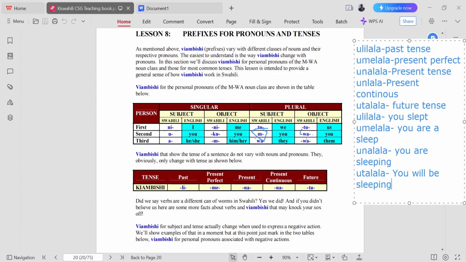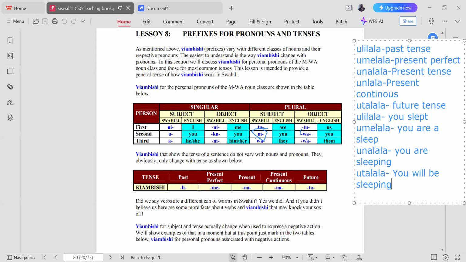So all the three, umelala, unalala, in the context of present perfect, present and present continuous, you must understand the one word here. They are all present. That's why we have present perfect, present and present continuous. They are all present, which means the time frame of the action is still going on. It's still an ongoing action. Am I clear there? But now it's based on the timing of the action taking place. The action just immediately happened, the action is starting to happen, then the action is ongoing.